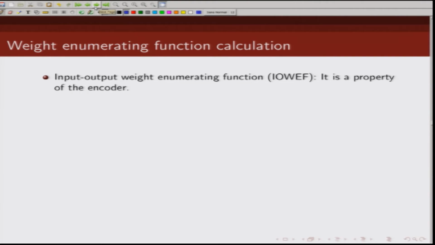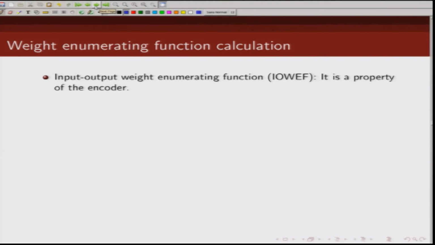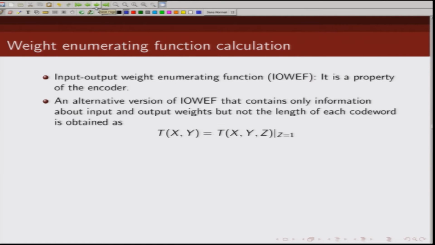So, this is what we call the input output weight enumerating function, because this function is enumerating for what input you get what output. It is a property of the encoder.